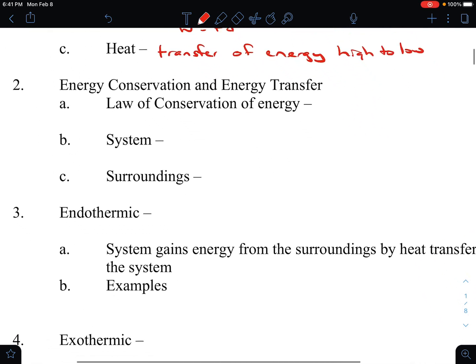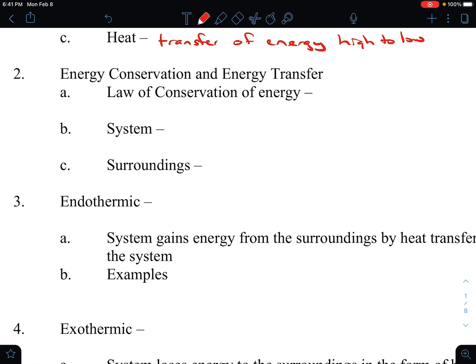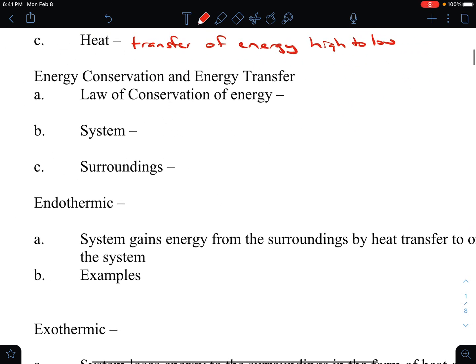Then we have our law of conservation of energy. That is that energy is conserved, so we cannot create or destroy energy. This is just like the law of conservation of mass that says matter cannot be created or destroyed, only transferred. The big ones here that we want to talk about are system and surroundings.